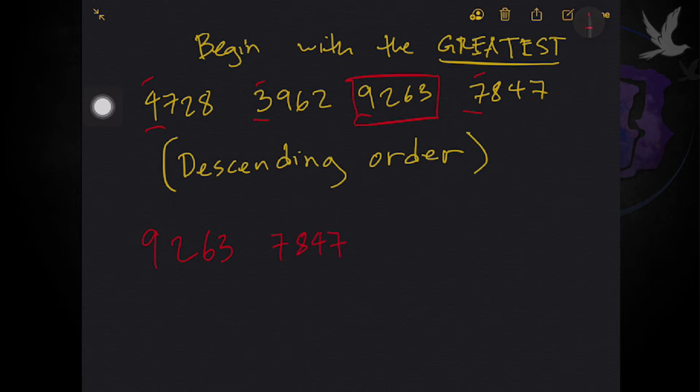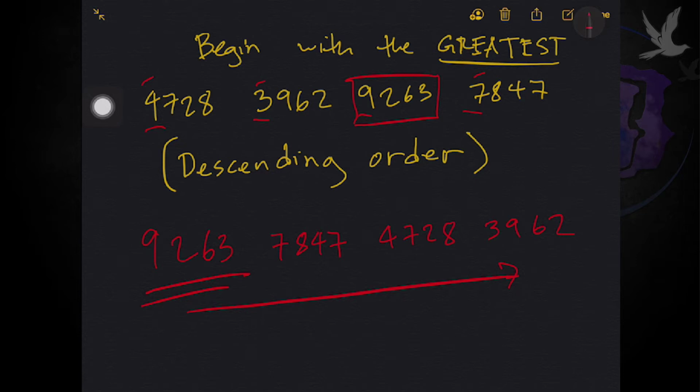And between 4,728 and 3,962, it is quite obvious that 4,728 has a bigger value, and what's left is 3,962. So this order is descending order, from the greatest value all the way to the smallest value. Okay, so that's how you do it.